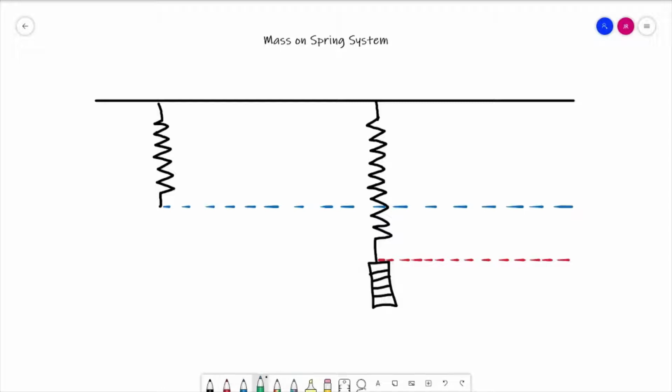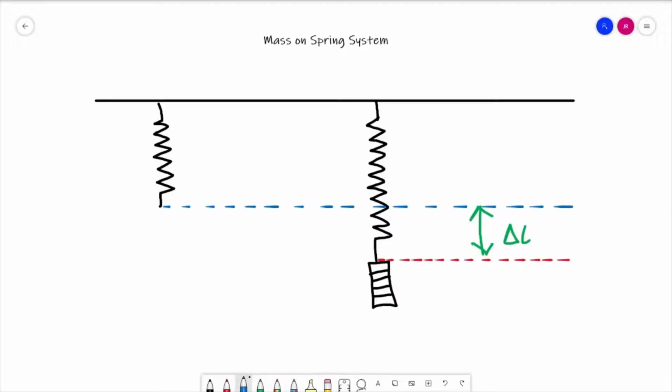The amount that it has stretched by is the distance between the original length and the length that it currently is now. Depending on which way you look at it, you see different people using different symbols for the amount that has stretched. In physics, we quite often use x for extension, but we don't want to use x today because we're going to be using x for displacement a little bit later on. So just for now, I'm going to call that delta L, the change in the length.